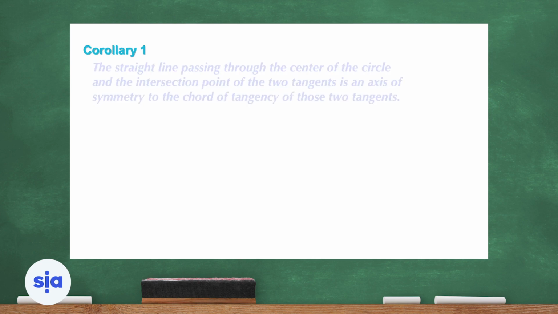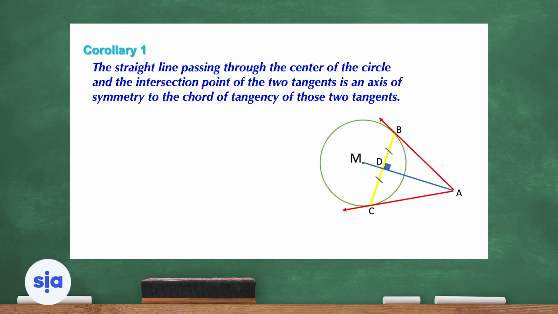Corollary number 1. The straight line passing through the center of the circle and the intersection point of the two tangents is an axis of symmetry to the chord of tangency of those two tangents.